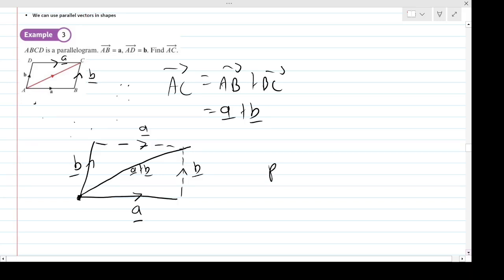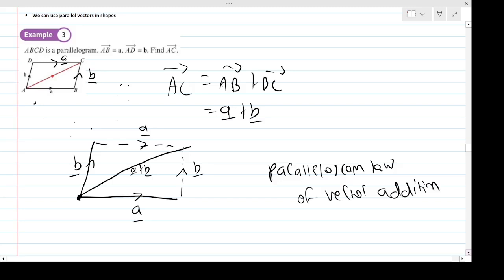Okay, so I'll make a note: parallelogram law of vector addition. That's the parallelogram law of addition there, okay? Cool.